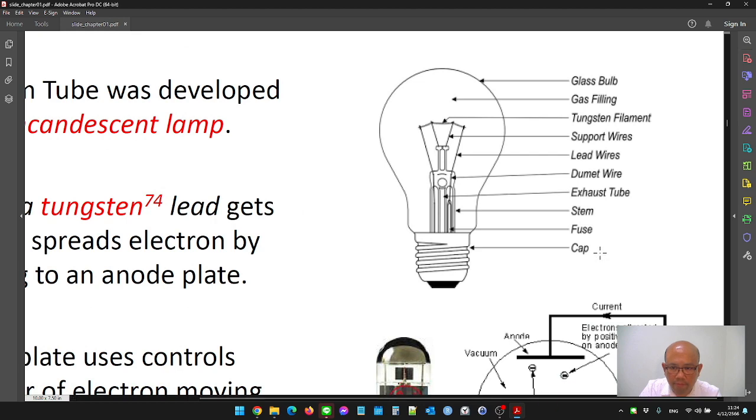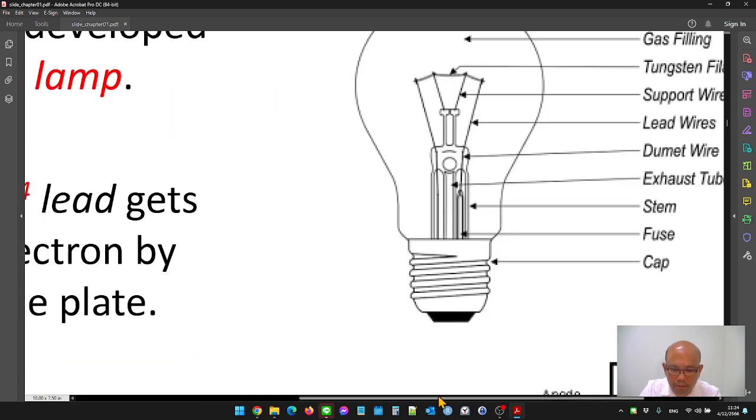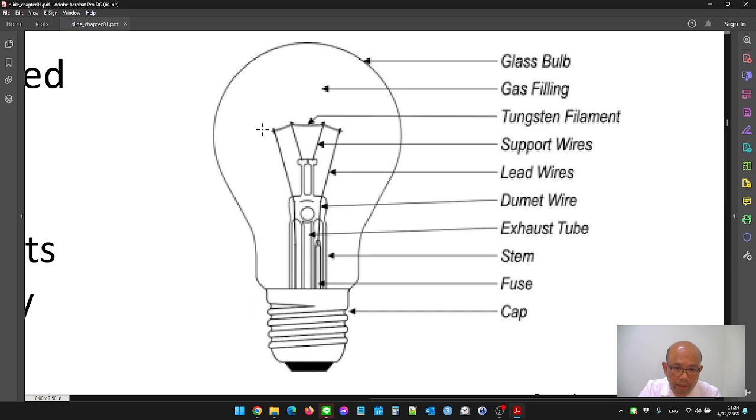Inside the light bulb there is a small tungsten coil, sometimes called a tungsten filament.